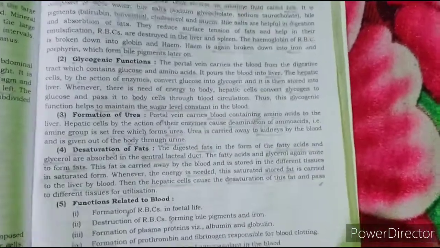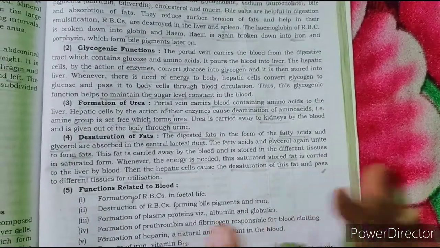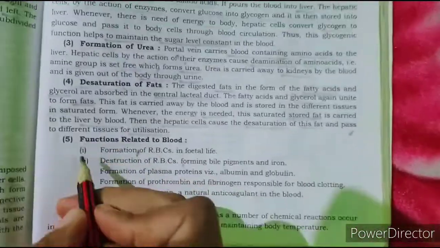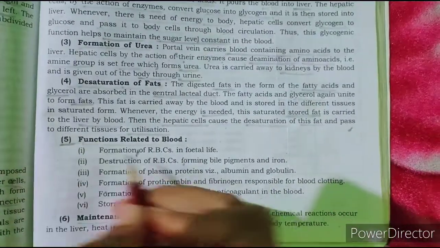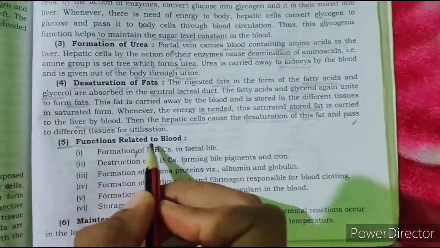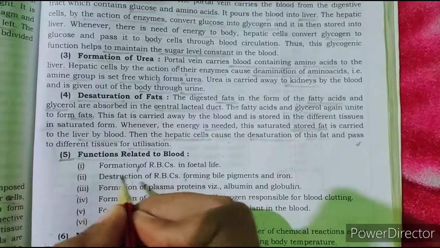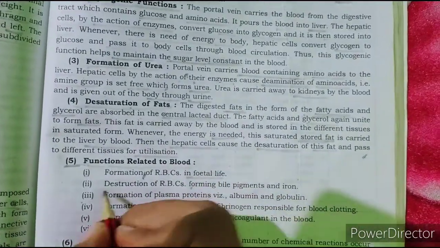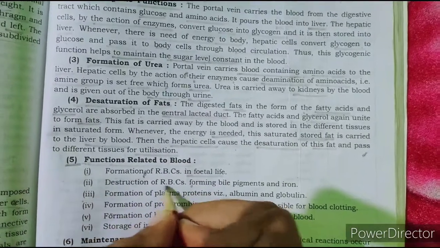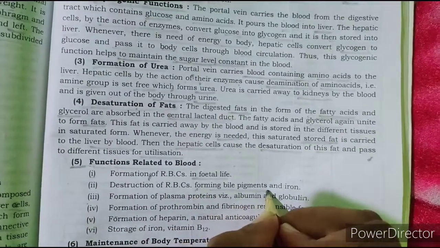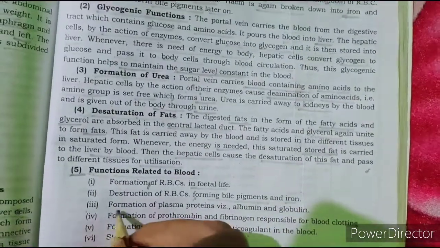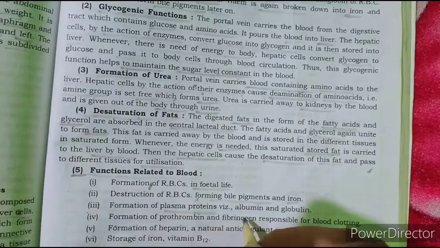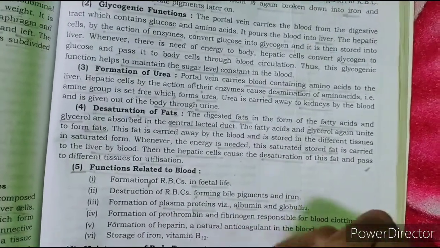Okay, then what are the functions related to blood? The fifth point is the functions related to blood. The first one is formation of RBCs in fetal life. The second one is destruction of RBCs, forming the bile pigments and iron. The third one is the formation of plasma proteins, that means albumin and globulin.